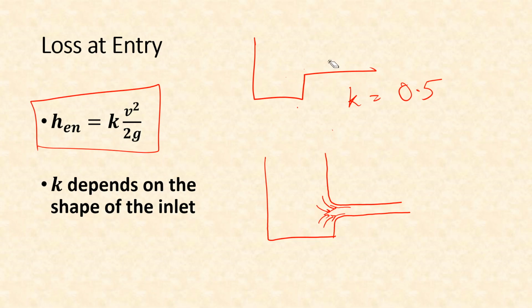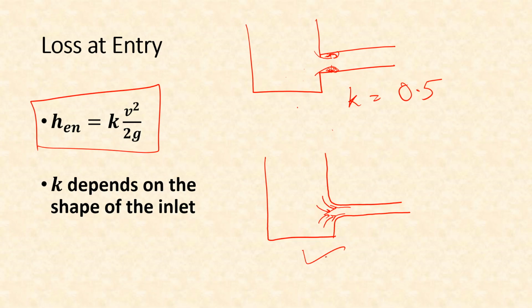In the previous case, after contraction the area of flow becomes slightly smaller than the actual area of the pipe. And therefore, to fill this empty space, the water came back and created all these turbulences.